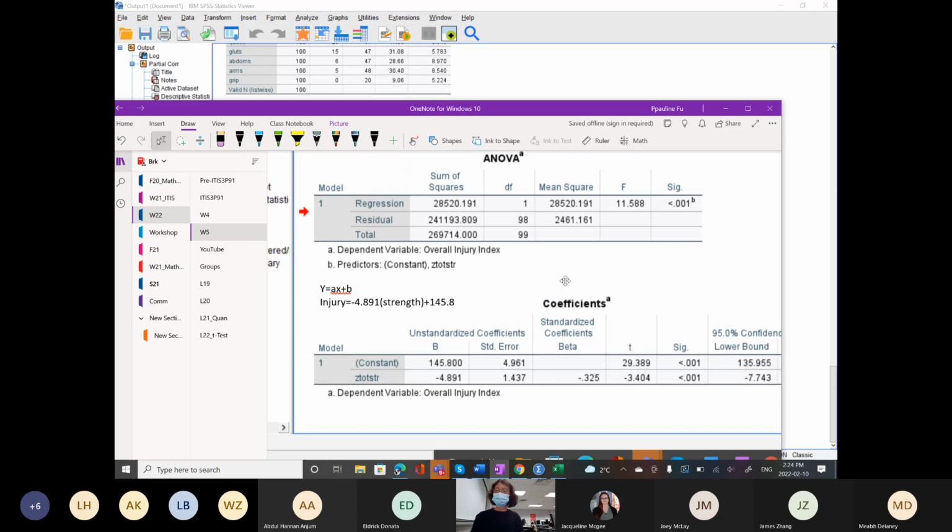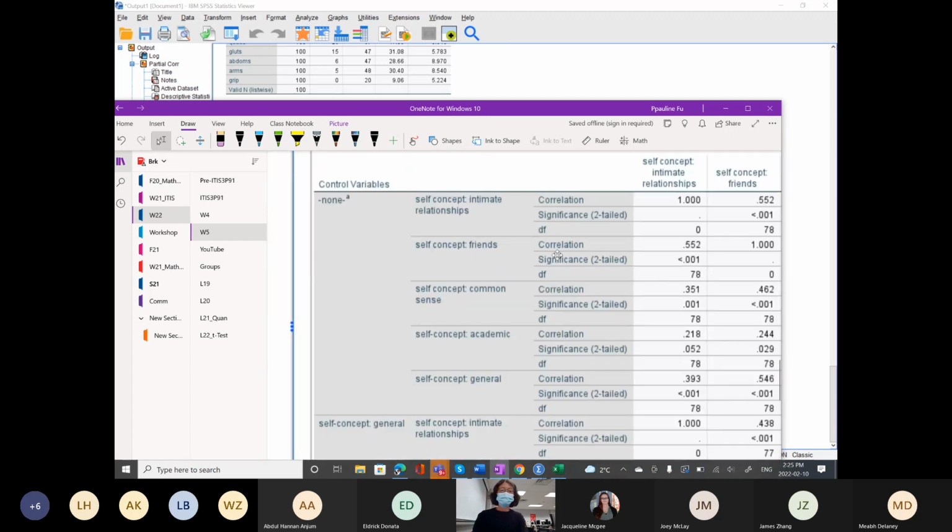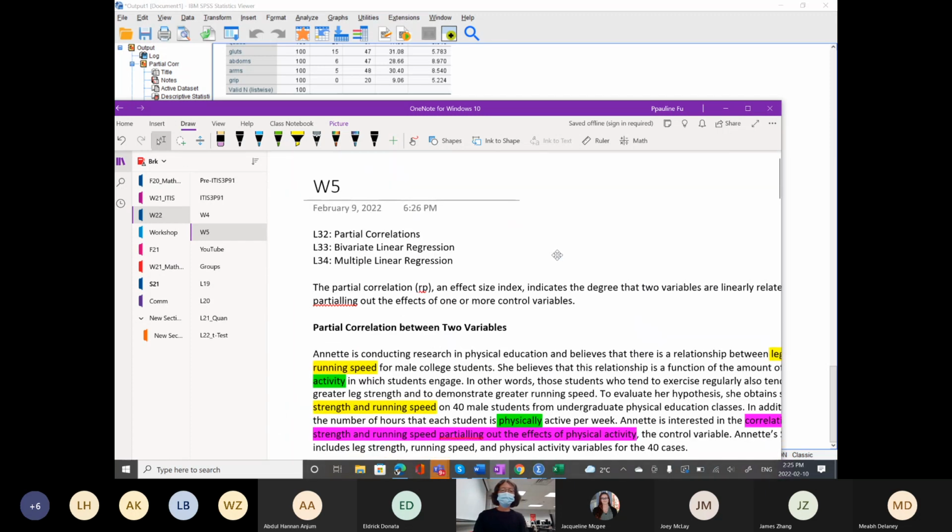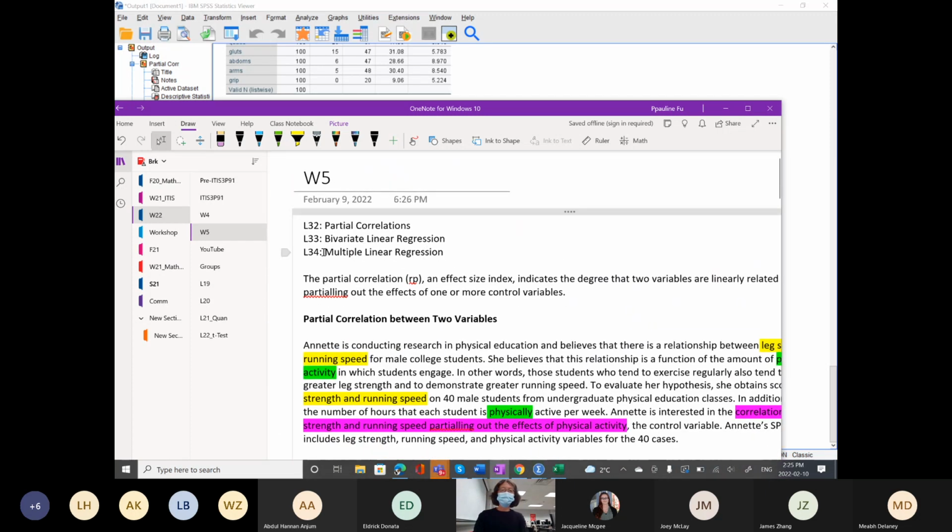All right, so that is lesson 33. And then the last lesson for today, lesson 34, multiple linear regression.